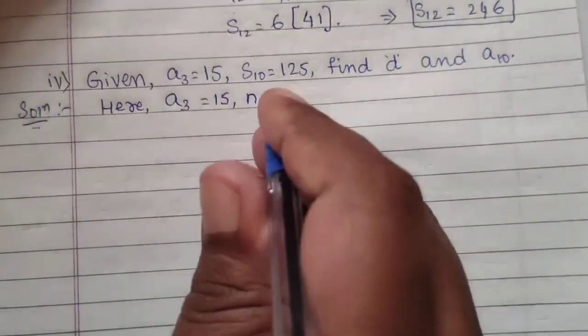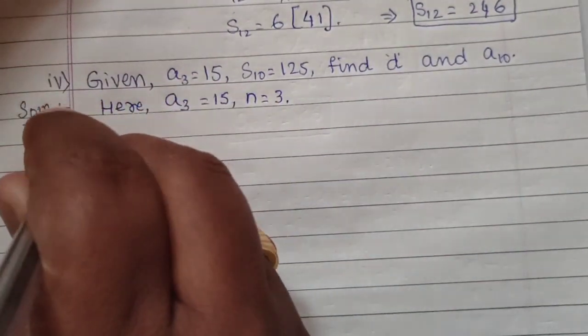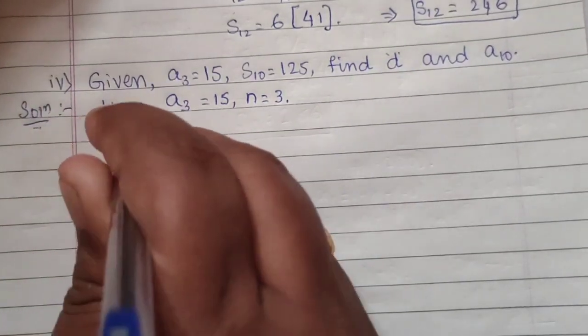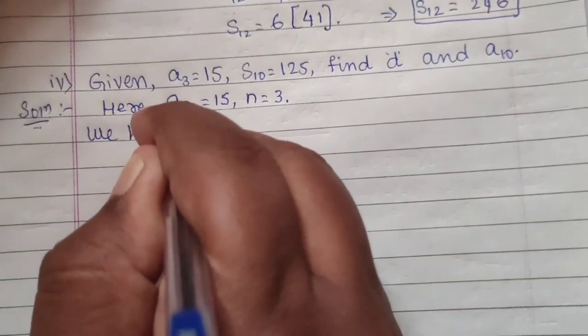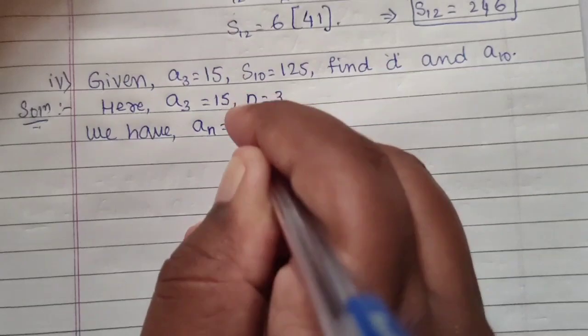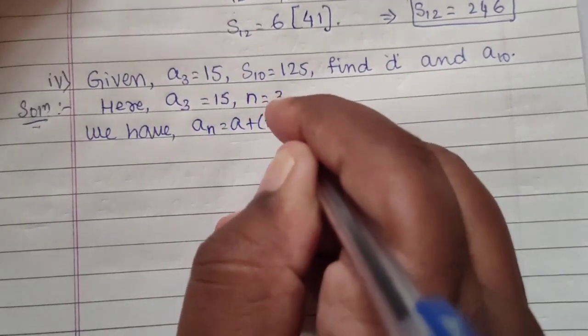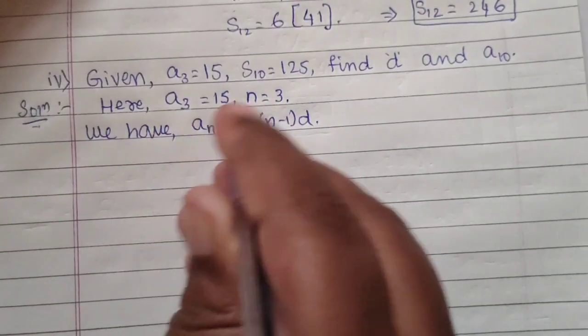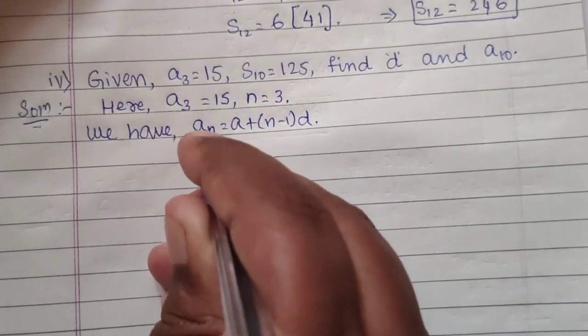Now let us write the formula for the nth term of an AP. We have an is equal to a plus n minus 1 into d. That is, the value of n is 3.